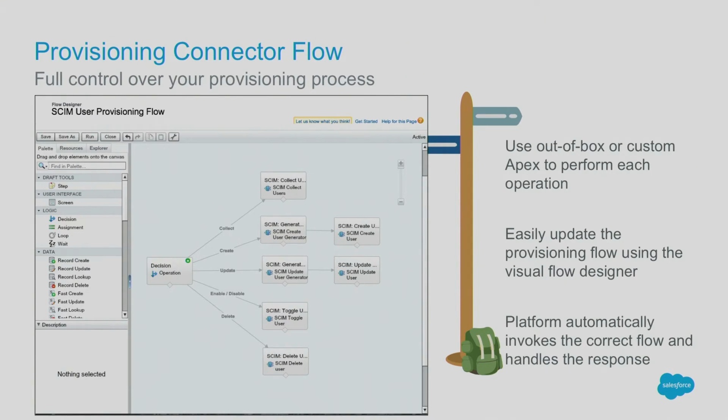Could also create, update, enable, disable, and delete those. Each one will have different code associated with it, right? Collecting accounts may be different than creating accounts. So we have these plugins that are used to do that. You also notice here that we have chaining, so you can chain your plugins together.